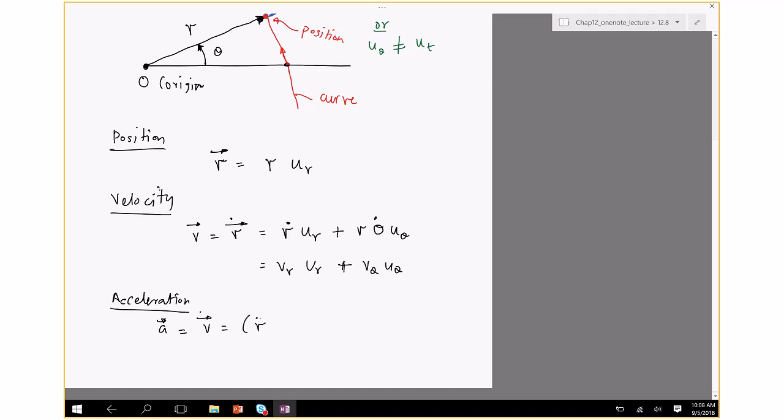It's r double dot minus r theta dot square along ur plus r theta double dot plus 2 r dot theta dot along u theta. A shortened way of writing this is ar ur plus a theta u theta.